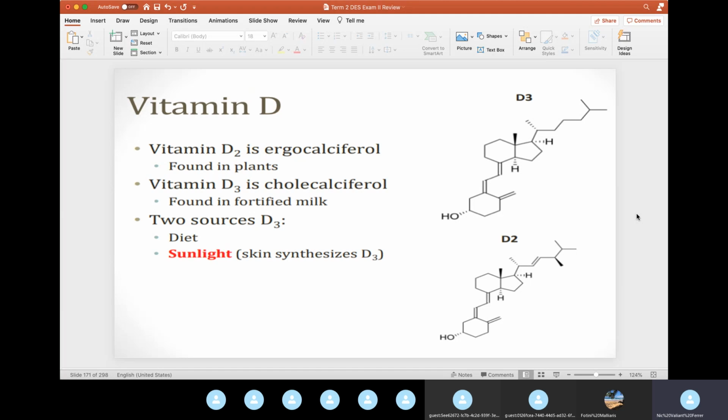Vitamin D, from sunlight, right? So let's do vitamin D synthesis. Who can tell me? Vitamin D synthesis from term 1. So 7-dehydrocholesterol, I'm going to start you with that, and then cholecalciferol through 25-hydroxy D3.